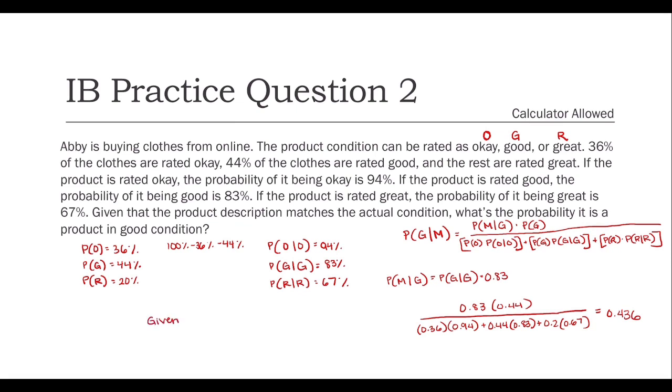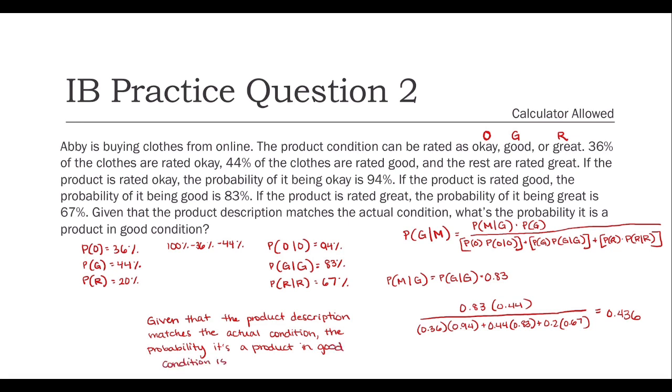So given that the product description matches the actual condition, the probability it's a product in good condition is 0.436, or 43.6%. So that's how that problem would be done.